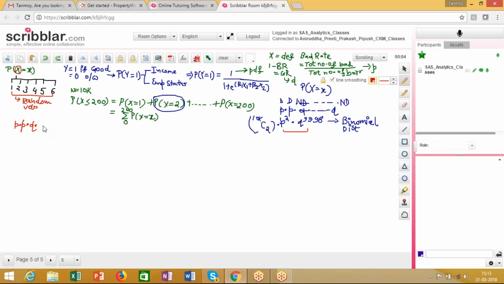So for the first two cases, I have p to the power of 2 and q to the power of 9,990. So what does this part actually try to tell us?